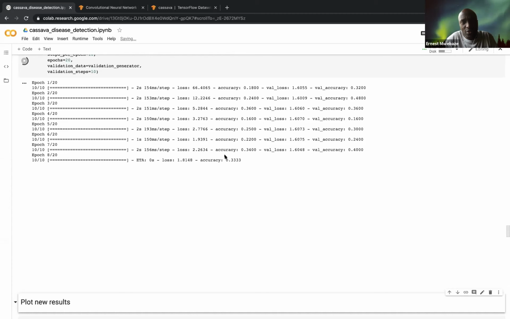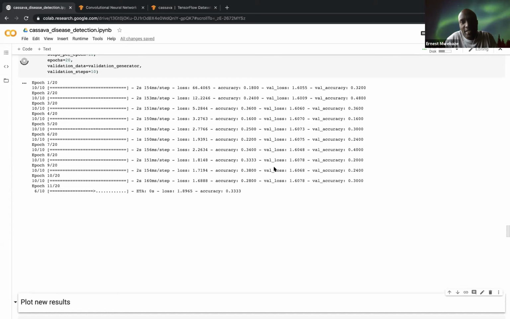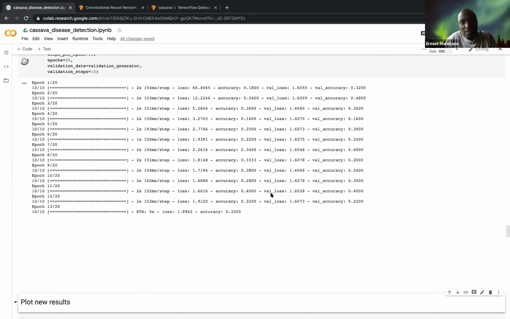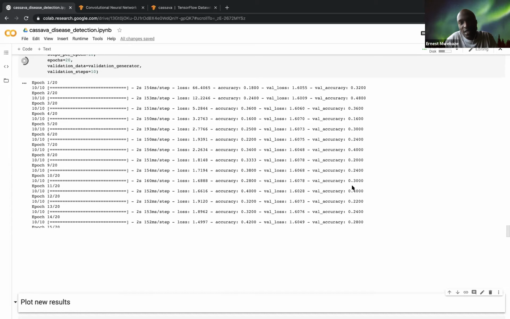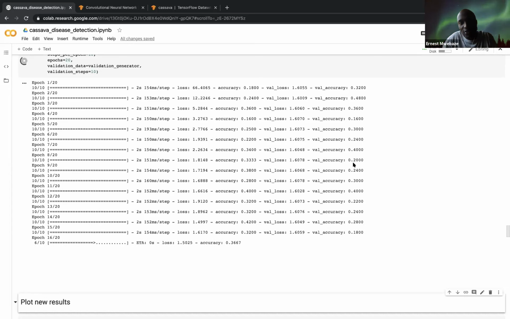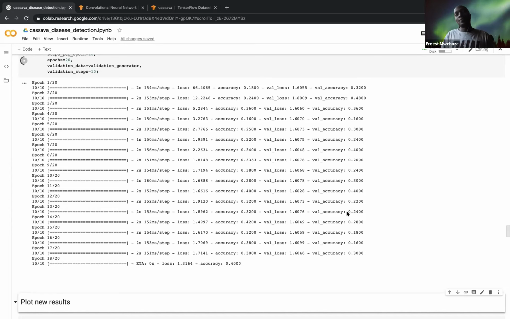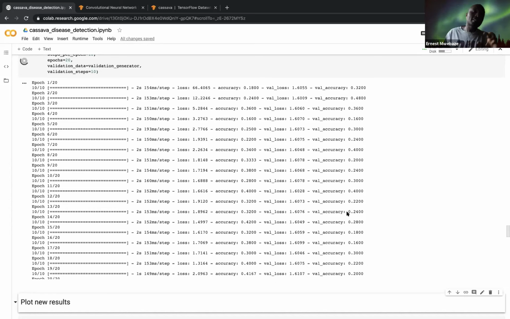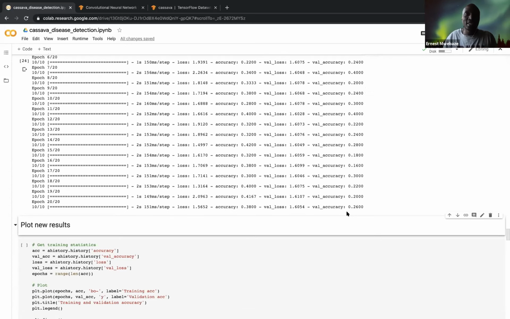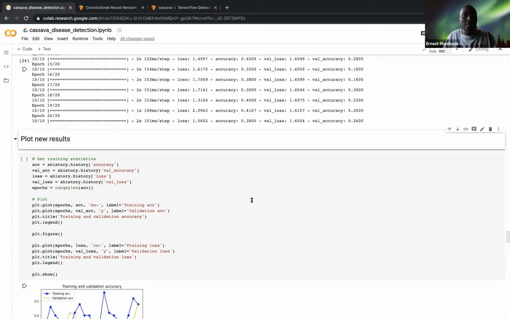And so even for the 20 epochs that we are training, we are seeing now we're getting maybe some 30s, some 40% in the training accuracy and the validation accuracy for some of the epochs, but it still seems very haphazard. But we can see some high figures there.